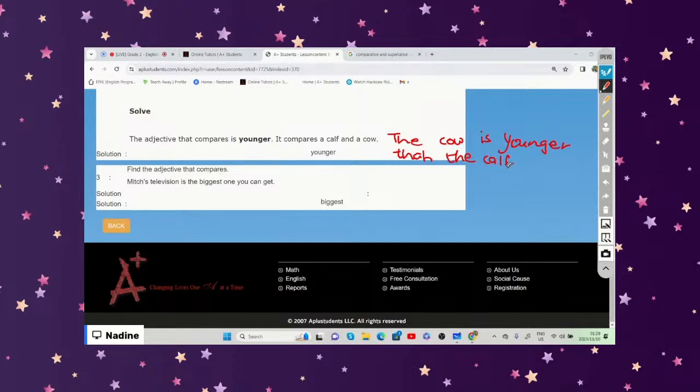So younger is the word that shows comparison, and it shows the comparison between the calf as well as the cow.